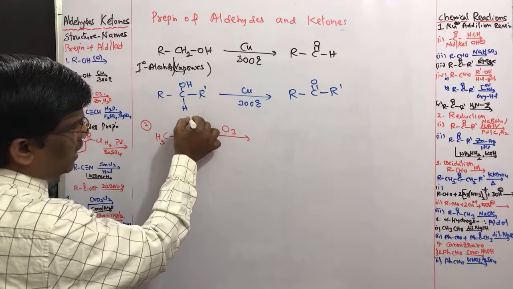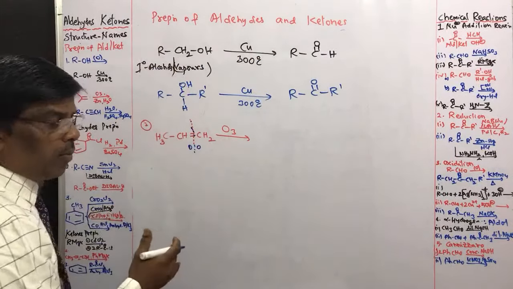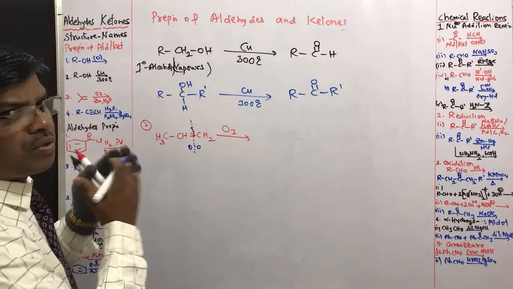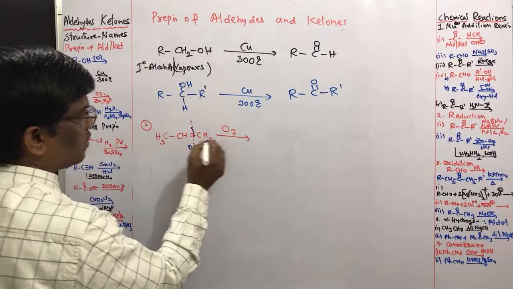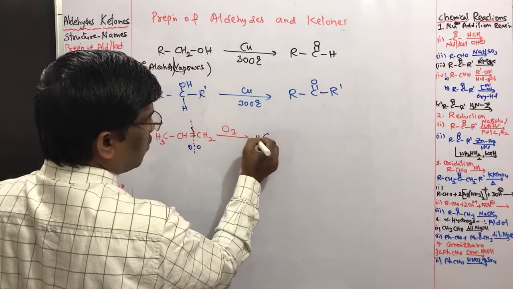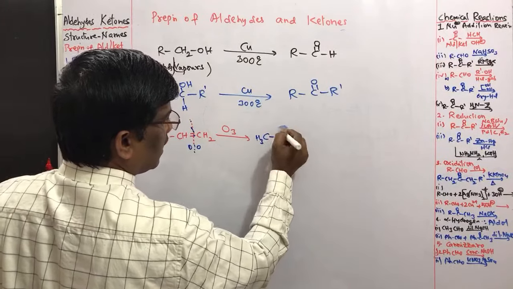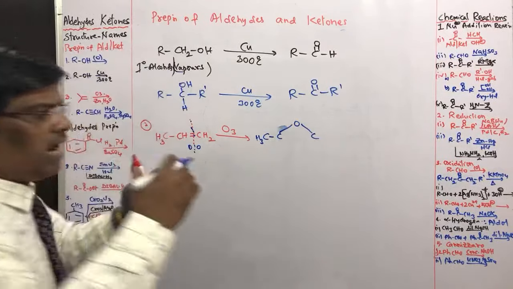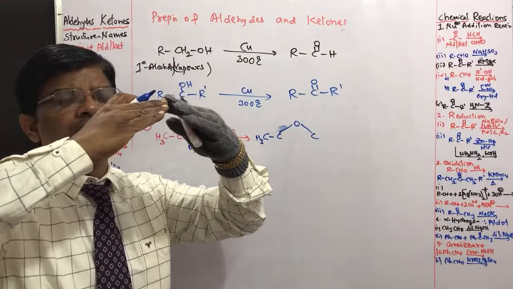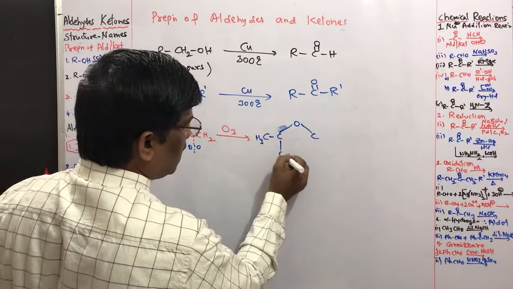Whatever compound you get with a double bond, just break the double bond and add oxygen towards two sides. However, it is going to give ozonide, like a hut-like shape. So the ozonide structure is like a hut.